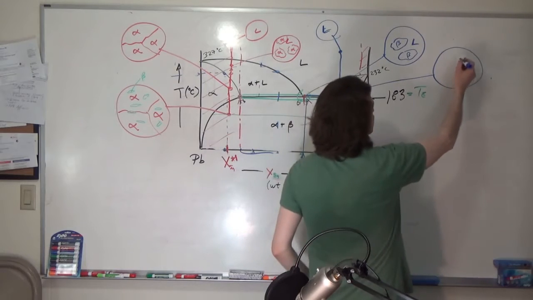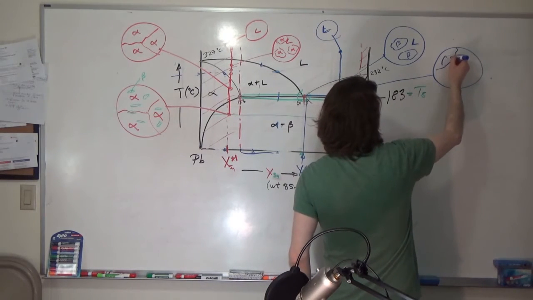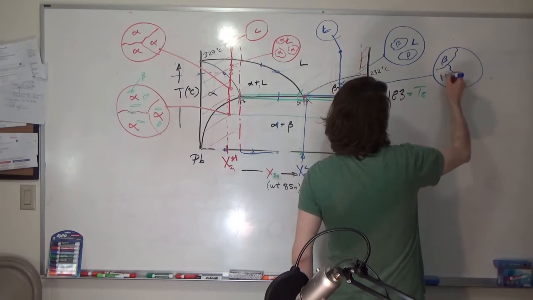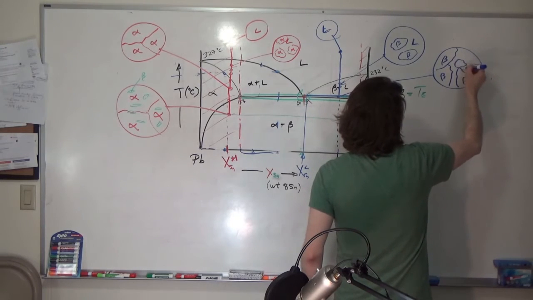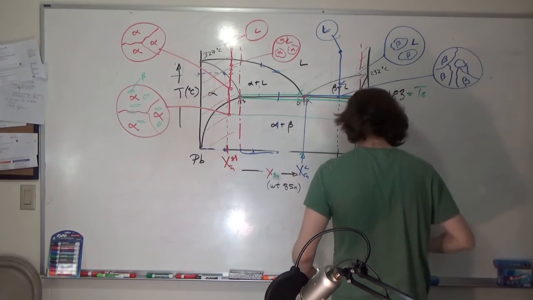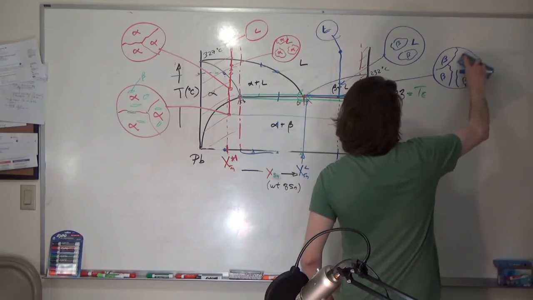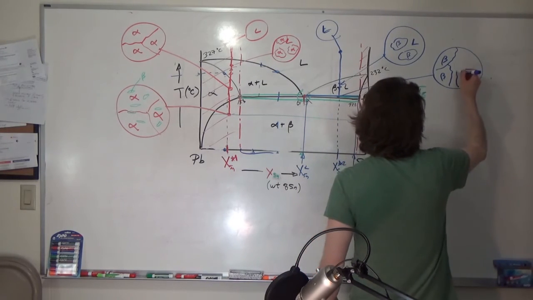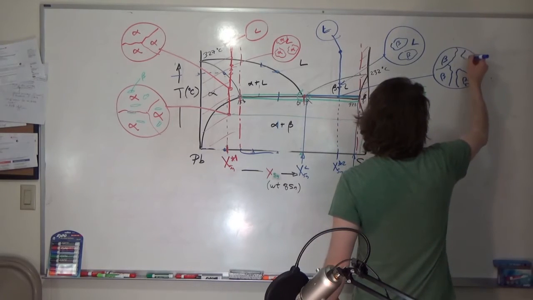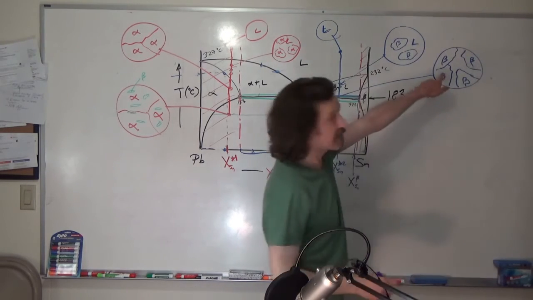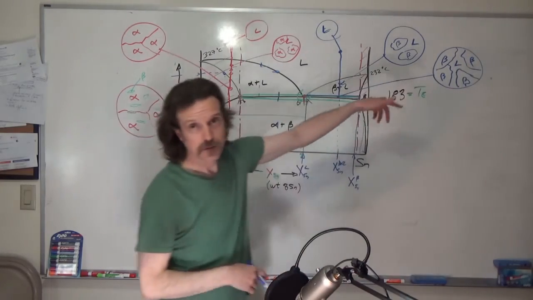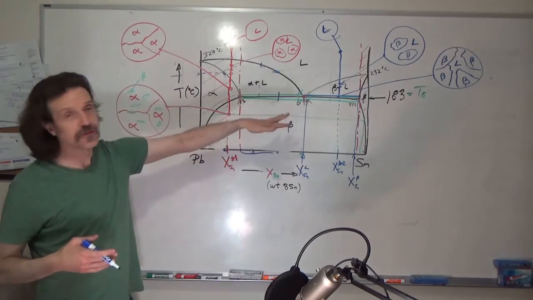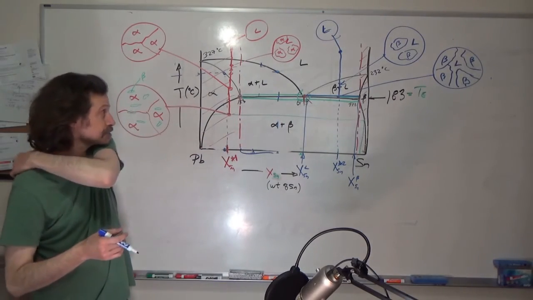So at this point we have beta, that's ugly. Let me try that again. I've got beta, and then I've got liquid in between. And this is about 1/3 liquid and about 2/3 beta.